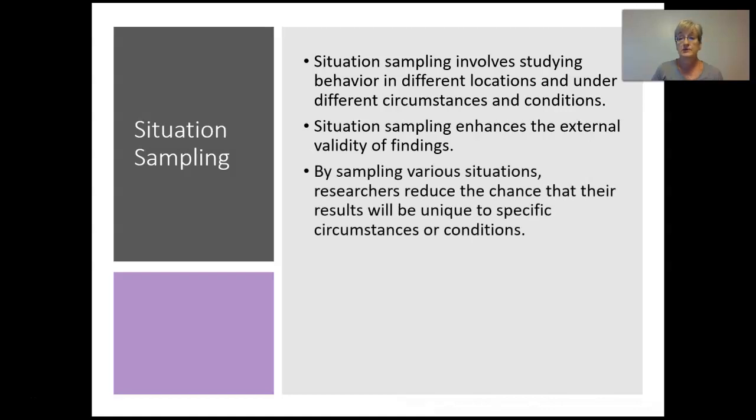By doing this, when we look at different situations, what you're doing as a researcher is helping yourself to understand whether or not your results are only tethered to certain kinds of situations. So let's say you're interested in the rate of mask wearing in Stark County during the middle of September.